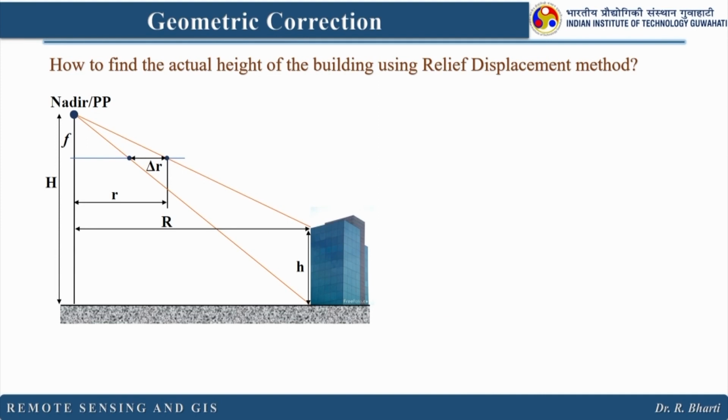So, based on this fundamental, can we find the actual height of the building using this relief displacement method? Because as I told you, errors can be considered in positive manner also and in negative manner also. So, here when you have off nadir pixels or off nadir images, and basically the sensor has used some angle to generate that image, those images can be used to calculate the height of the building, right.